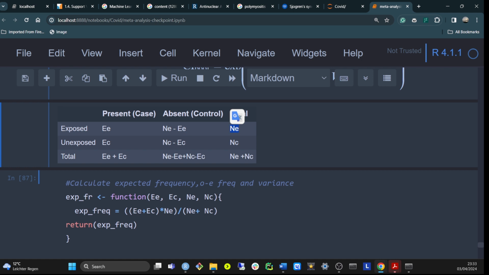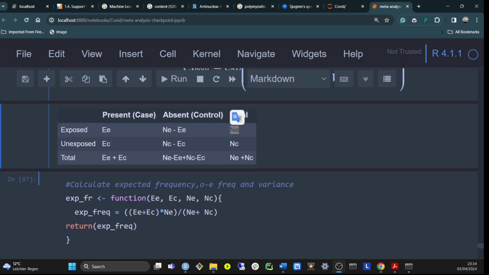The next thing is to calculate the expected frequency, and the expected frequency can be calculated using the function that we already have. This function requires these values, and then it will return the expected frequency. So here we have the expected values. If we run this, we calculate the expected frequency.